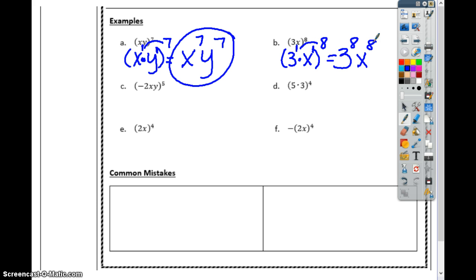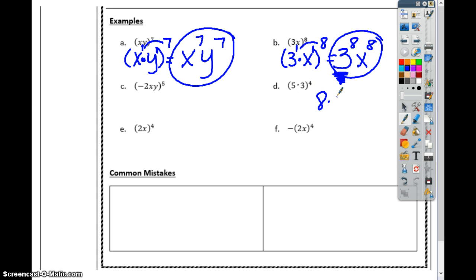Now, it doesn't say if we're supposed to leave our answer in exponential form or not, but if we were to leave it in exponential form, we can simplify that 3 to the 8th power. That's 8 threes.